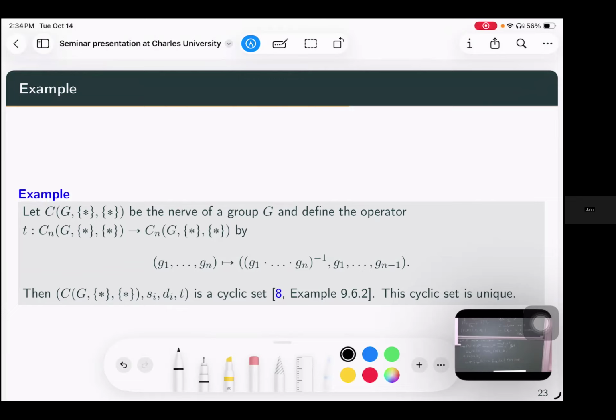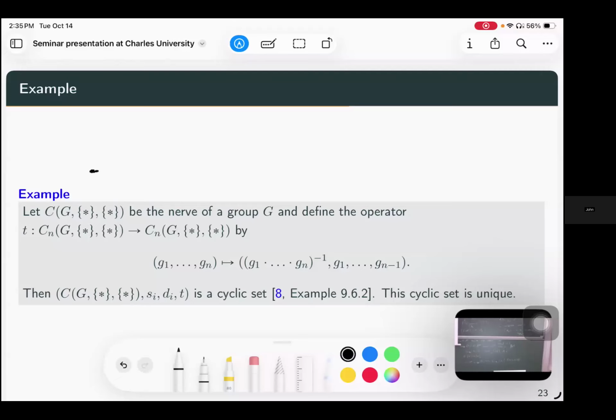You can look at what we call the nerve of a category, or let's say the nerve of a group. You are looking at all the composable maps going from G to G. So I use this to denote the object in G, a group as a category with one object.